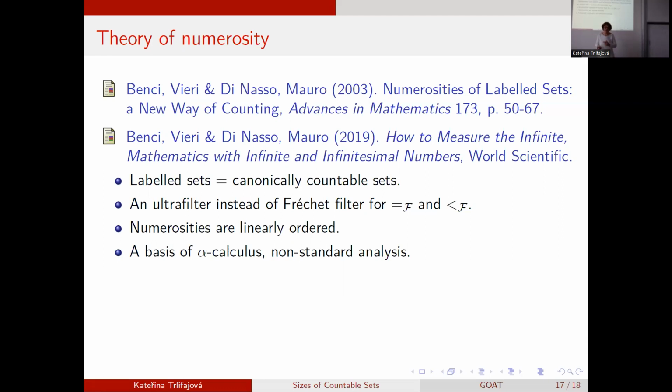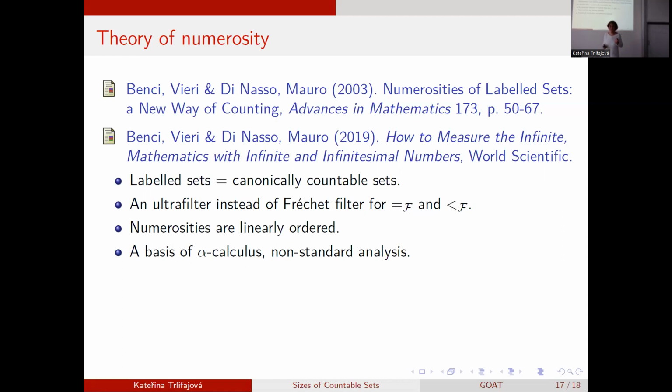But when I wish only to express sizes of sets, maybe the linear ordering is not necessary. For instance, they ask whether the numerosity of all natural numbers is odd or even. In my comparison, I cannot say, because I don't know.